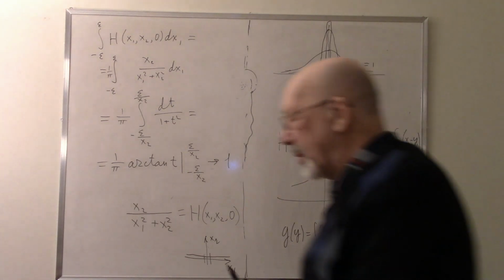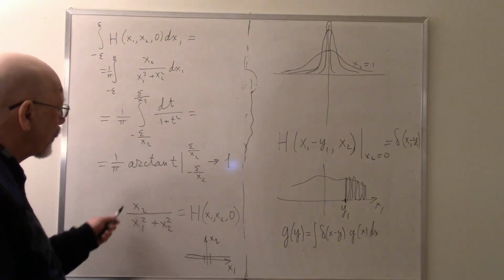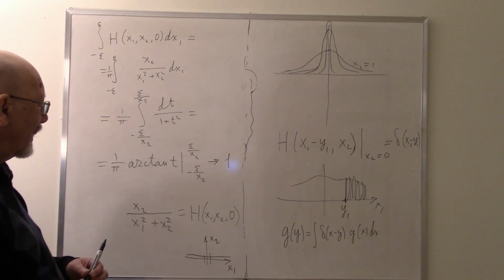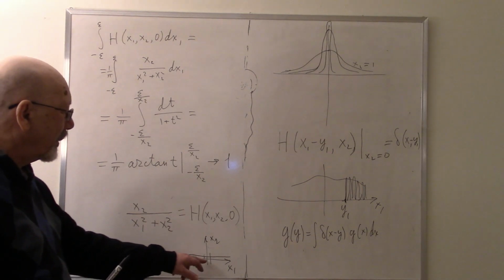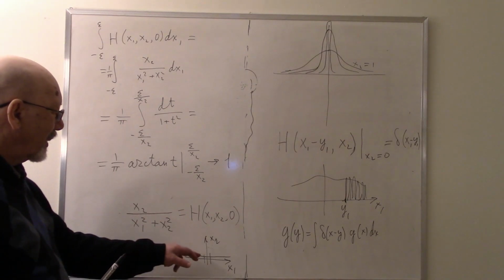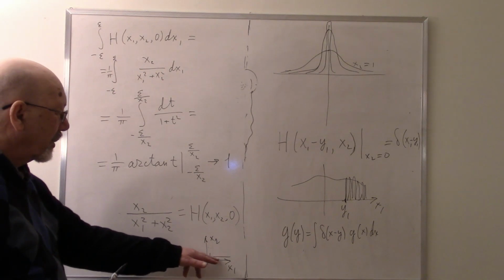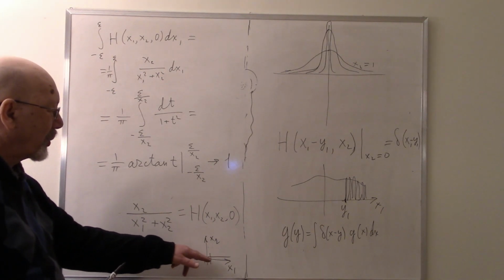And so this is the elementary solution, the simplest solution, which satisfies the boundary condition that on the boundary it is a delta function.